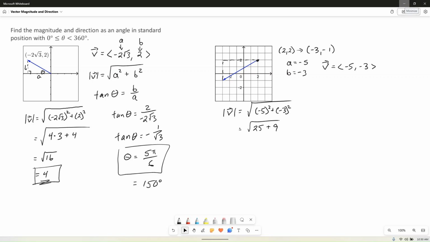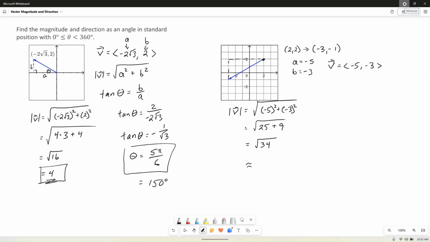So we're going to have the square root of 25 plus 9, which is going to be the square root of 34. And the square root of 34 is approximately 5.83. All right, so that's the magnitude of this vector.